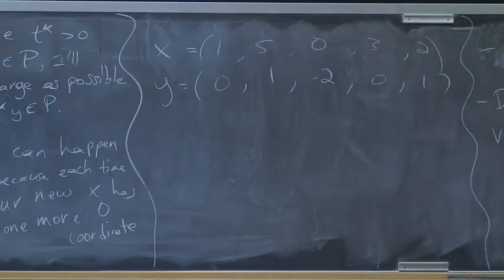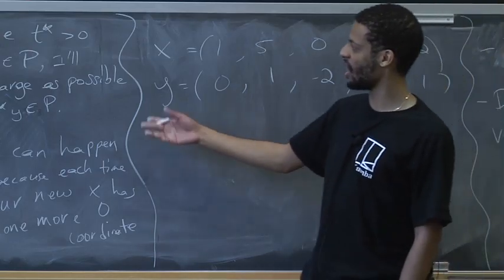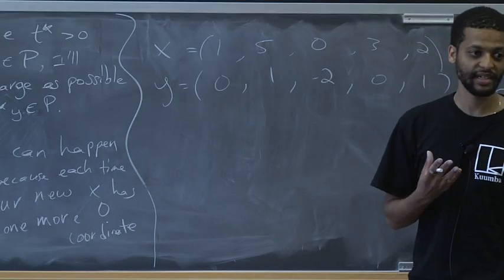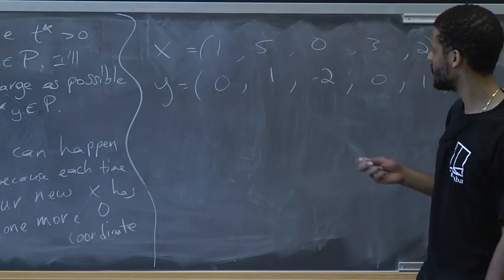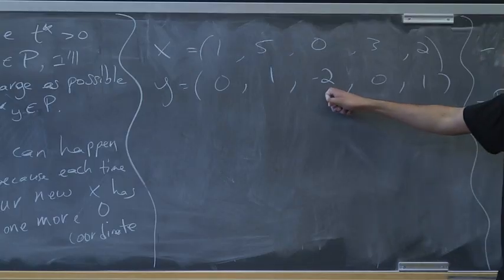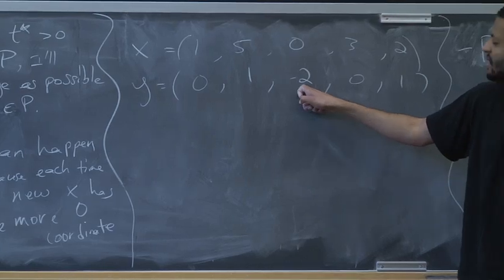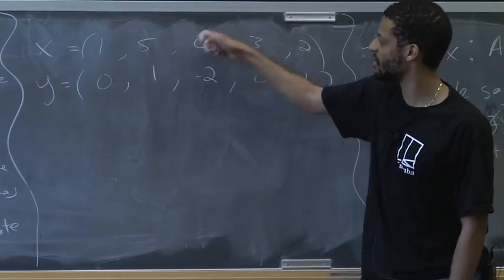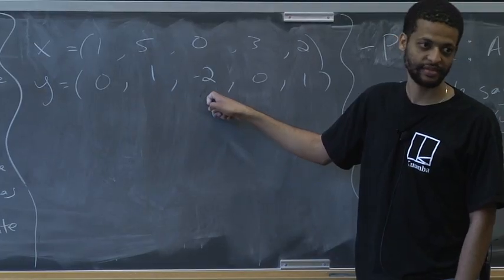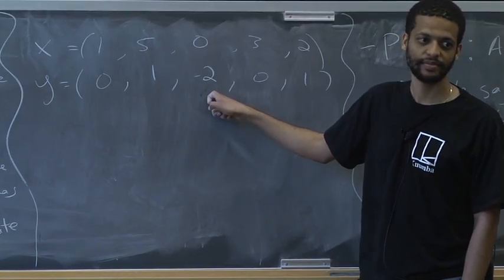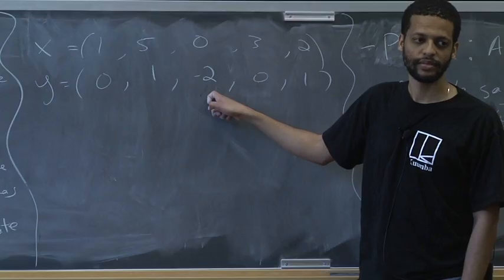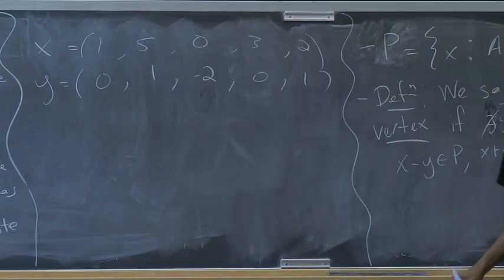So this is a problem because I want to be able to add t times y for some positive amount t. But notice that I can't add t times y for any positive t here because immediately this coordinate would become negative.